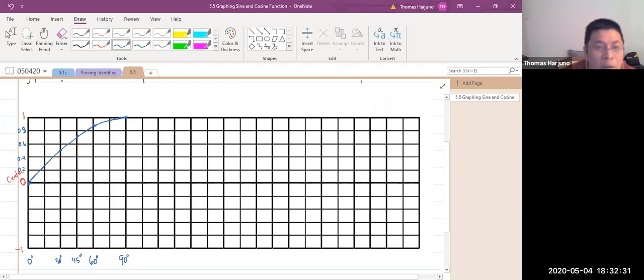And then if I go on further, this is my 90 degrees, 180 degrees, 270 degrees. So 120 degrees here, 135 degrees, 150 degrees, and then 180 degrees. Symmetric, very similar.